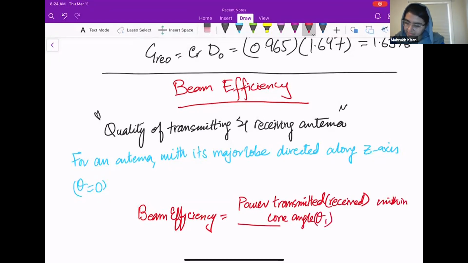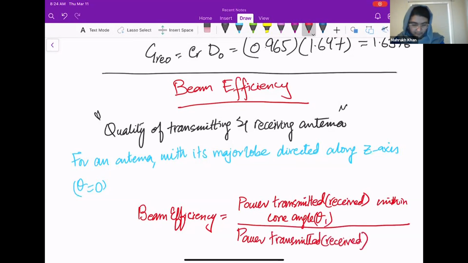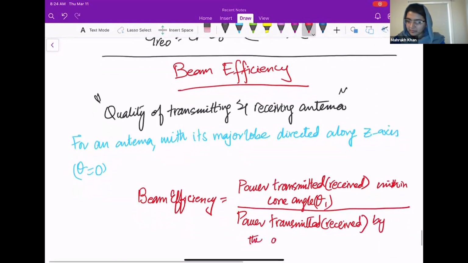So what this means, we will talk about it. Divided by power transmitted or received by the antenna. So the power transmitted by the whole antenna, and power transmitted or received by only the cone.